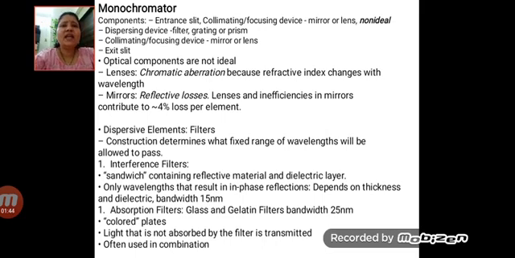Now, collimating and decollimating devices. Collimating devices are used when the radiation emitted by the source is made parallel by the use of lenses, mirrors and slits.